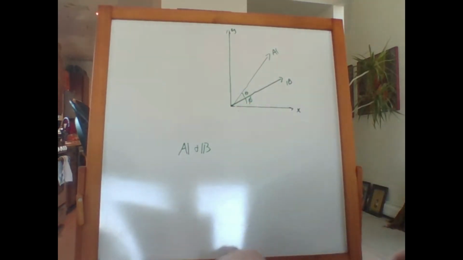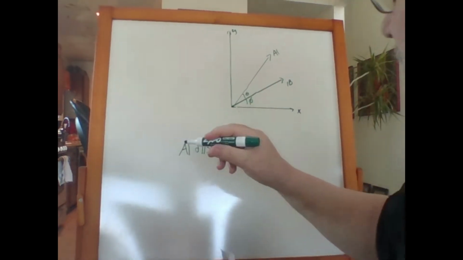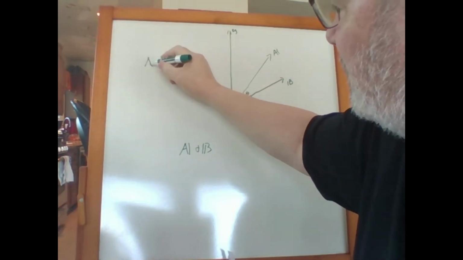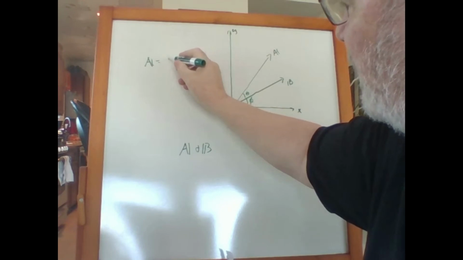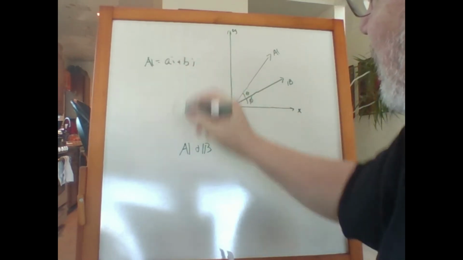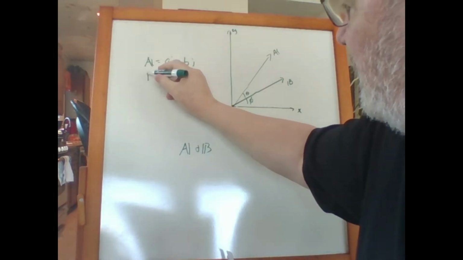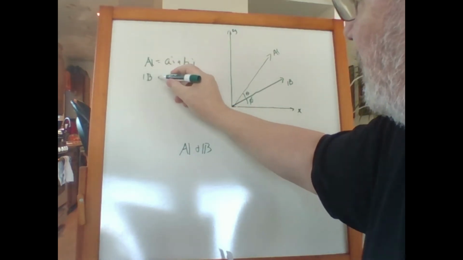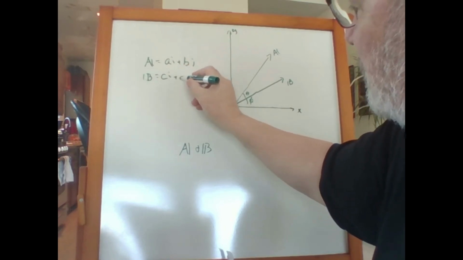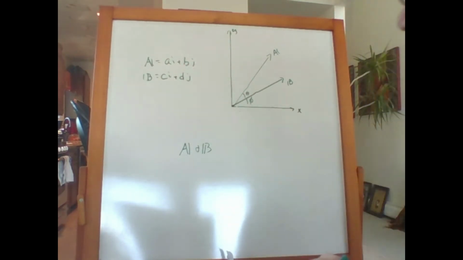So we have vectors A and B, where A is simply AI plus BJ, and vector B is equal to CI plus DJ.